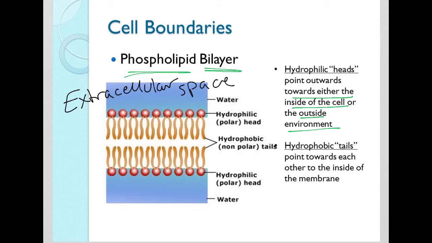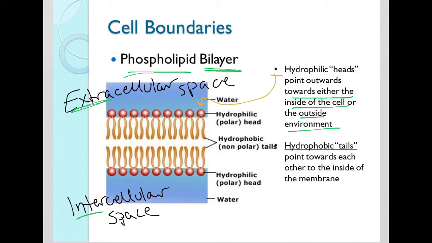So that's sort of outside, and then we'll call this the intercellular space. Okay, so we have outside the environment, that extra, like extraneous, and the inside the cell environment. Okay, and so we can see these hydrophilic heads point towards the outsides.